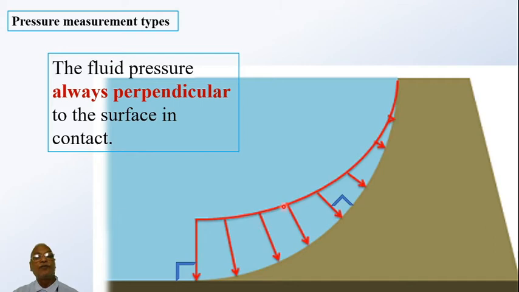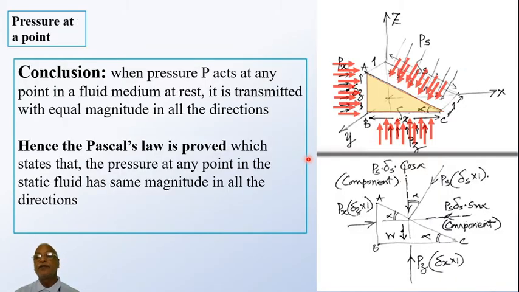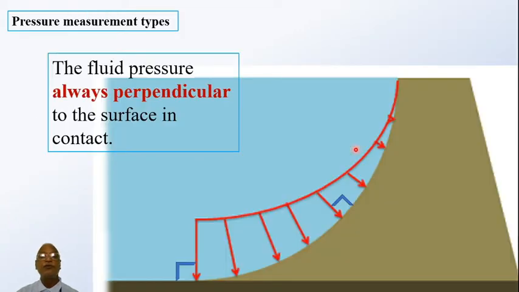Okay, one more important concept one should know: in earlier slides we have seen that pressure is taken perpendicular to the faces. Here there is a fluid medium, and this is the top surface, or free surface, of the liquid. Generally we indicate the free surface with a triangle and a couple of lines like that.